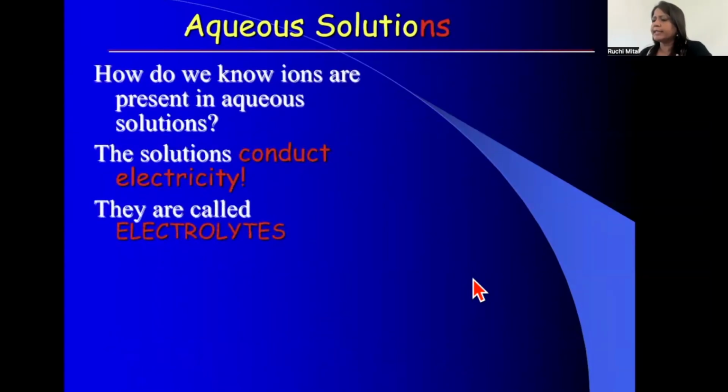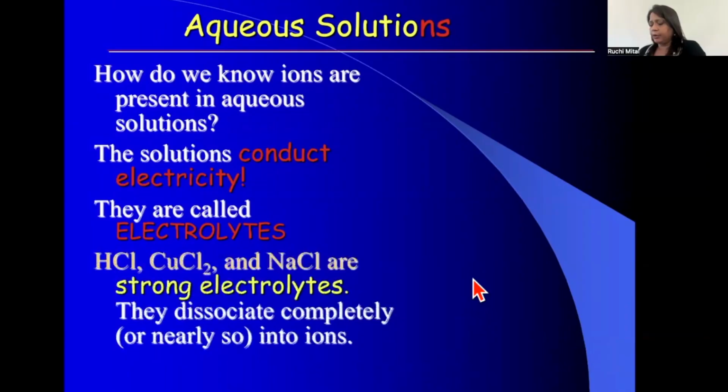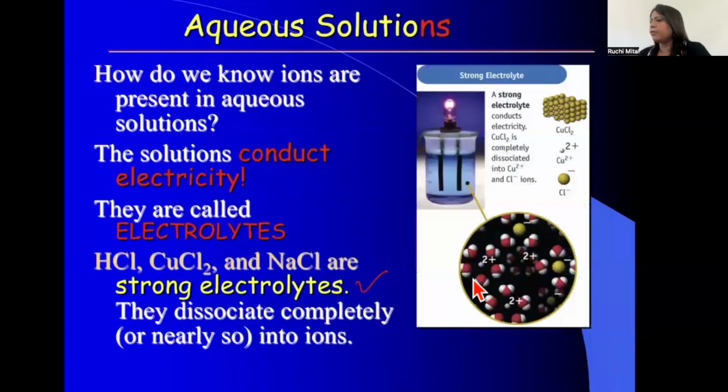So just to summarize everything we did, if a solution conducts, that means there are electrolytes and there are some ions present. Anything that changes into ions is a strong electrolyte that completely dissociates, and it will conduct electricity when you put an electric bulb in it.